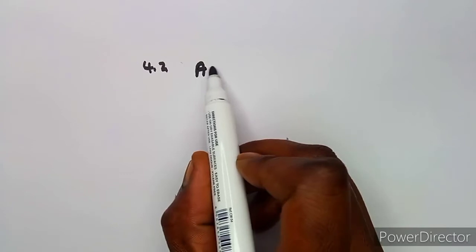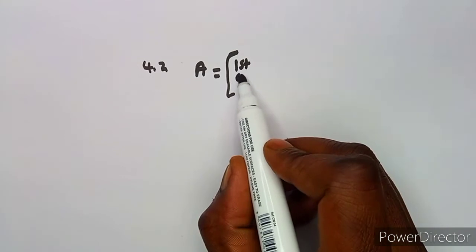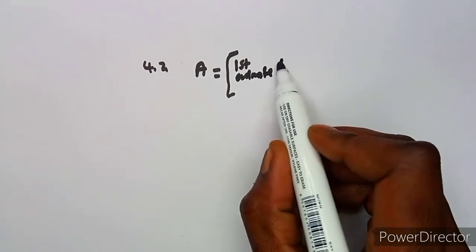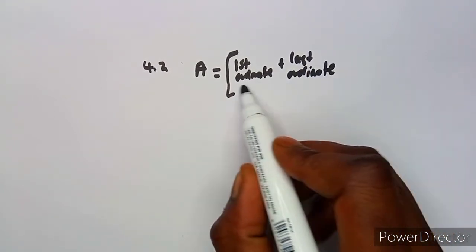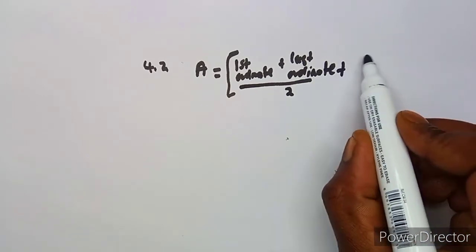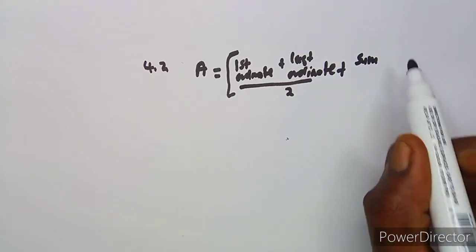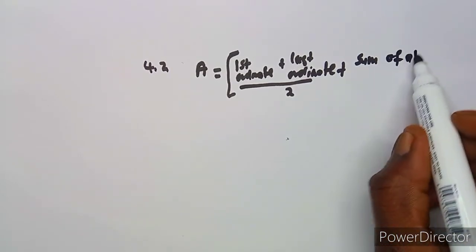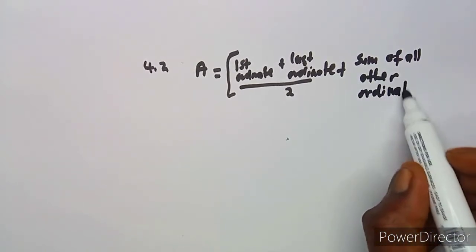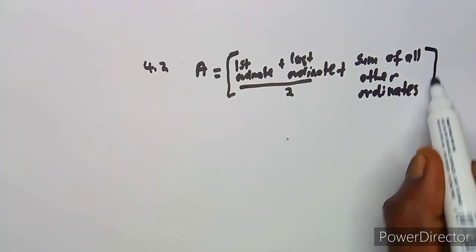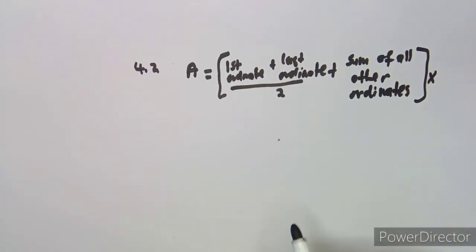Remember, the formula for the area states that you add, you're also given this formula, guys, the first ordinate plus the last ordinate, over 2, then plus the sum of all other ordinates, or the remaining ordinates, times the distance in between the intervals.